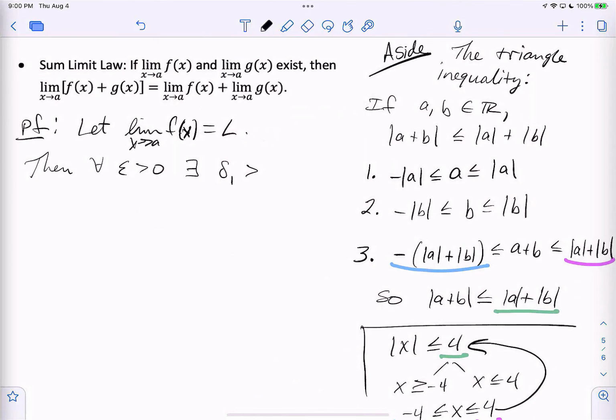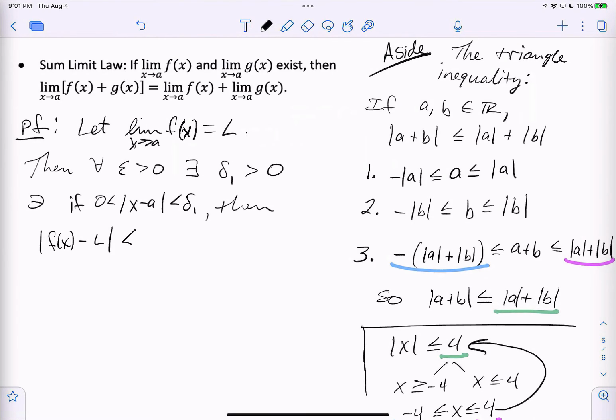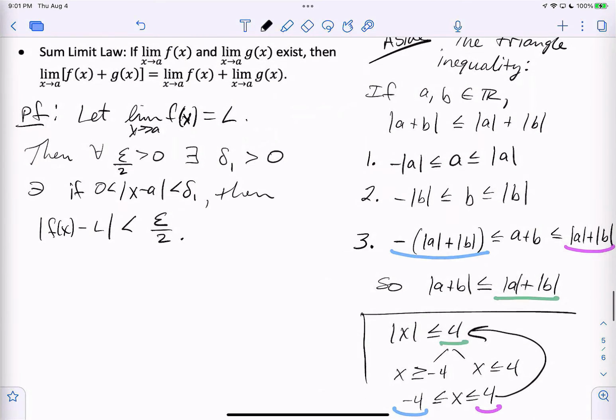There exists a delta 1 greater than 0, such that if the absolute value of x minus a is positive and less than delta 1, then the absolute value of f of x minus L is less than, I'm actually going to use epsilon over 2. The reason for that will be evident in just a few minutes here.